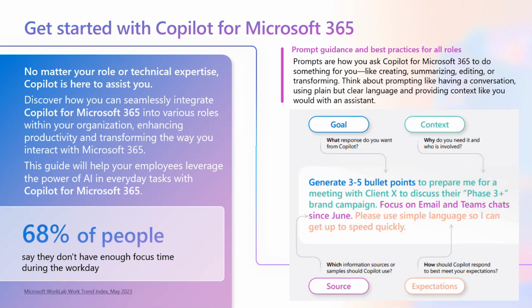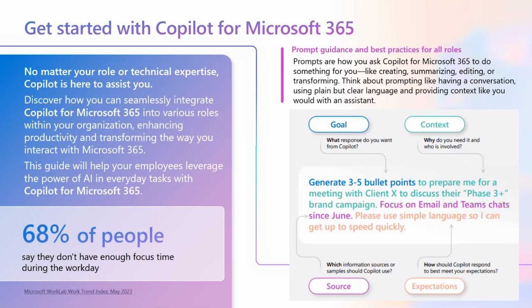So we are able to interact with it using natural language. We don't have to be programmers in order to use Copilot. It's like having a conversation using plain but clear language and providing context like you would if you were asking that same task to be accomplished by a physical assistant in the office.